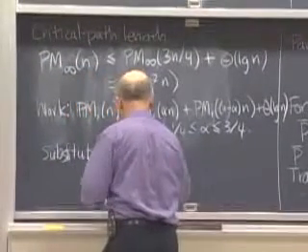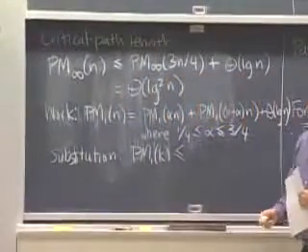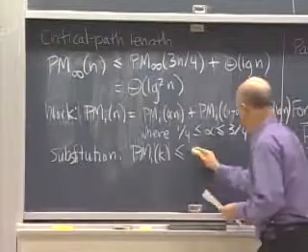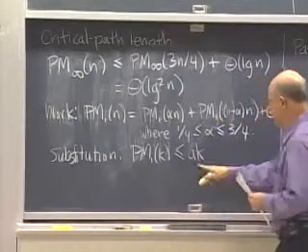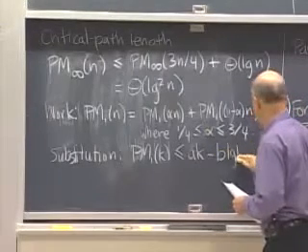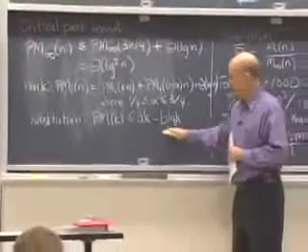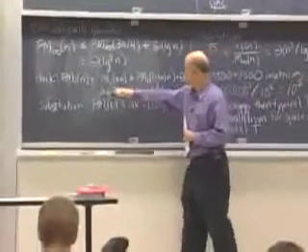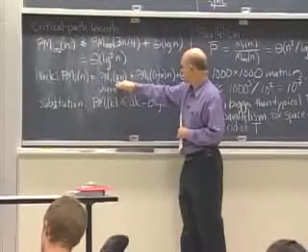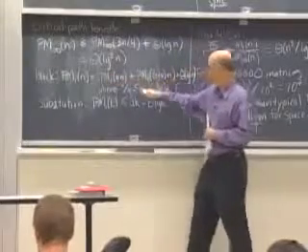Okay, so we're going to say PM1 of k is less than or equal to, okay, I'm going to make a good guess here, because I fooled around with it. I want it to be linear, so it's going to have a linear term, a times k, minus b log k. So this is this trick of subtracting a low-order term. Remember that in substitution in order to make it stronger? If I just did ak, it's not going to work, because when I did the substitution, I'm going to get a alpha n, and a 1 minus alpha n, and those two together are already going to add up to everything here.